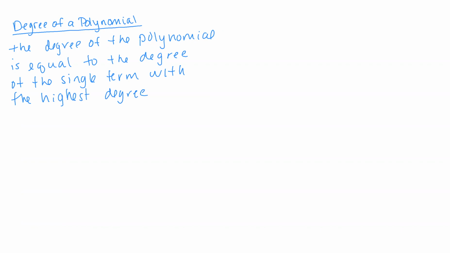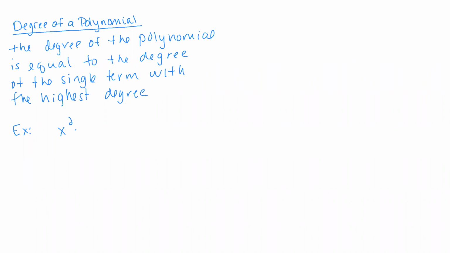But basically, when you look at the degree of the polynomial, what you'll do is look at the individual degree of all of the monomials that make up the polynomial. Whichever single monomial has the highest degree, or whichever single term has the highest degree, that becomes the degree of the entire polynomial. So for example, we'll do an easy example.